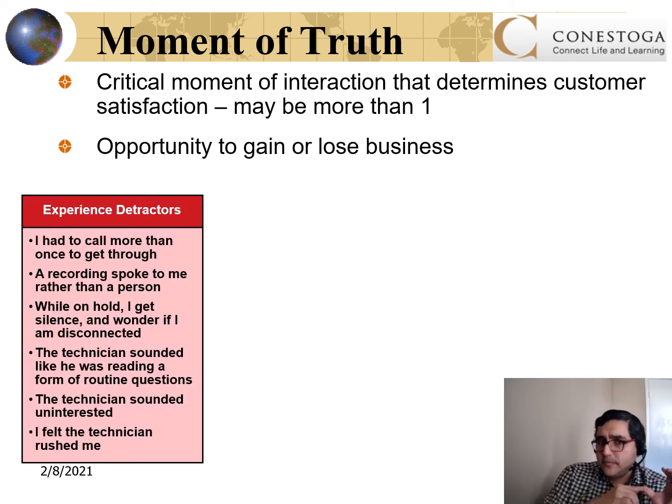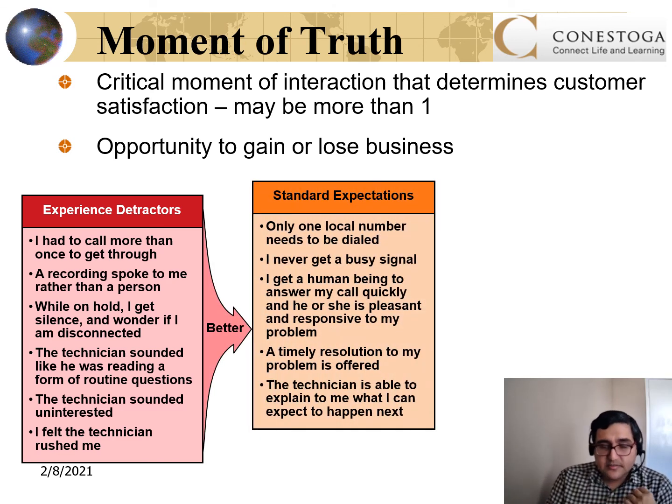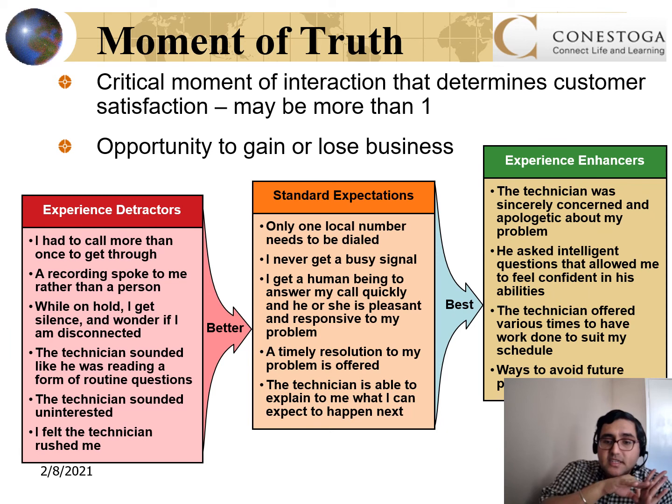Now, something very important in a service industry is what are called experience detractors. There are certain expectations which the customers have, and there are certain ways in which things can be made very, very effective.